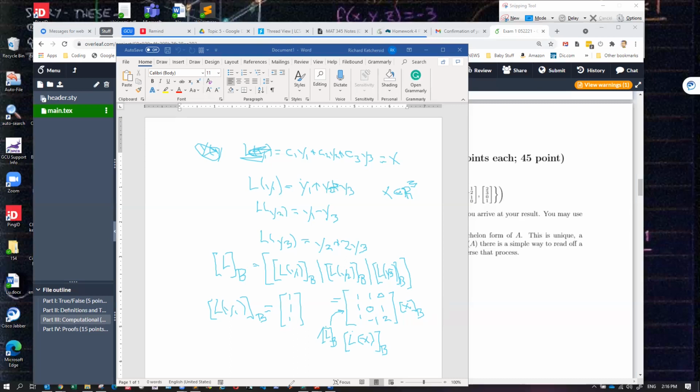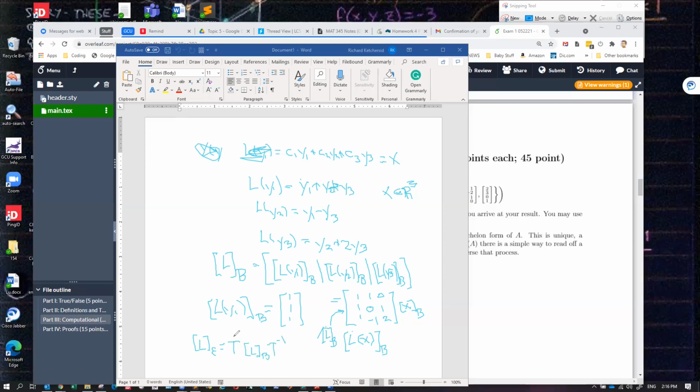So I want you to do this. Right now I want the matrix of L with respect to the standard basis, which I call script E. To get that, you just combine these things together. You had this T, you had this L B, and you had this T inverse.